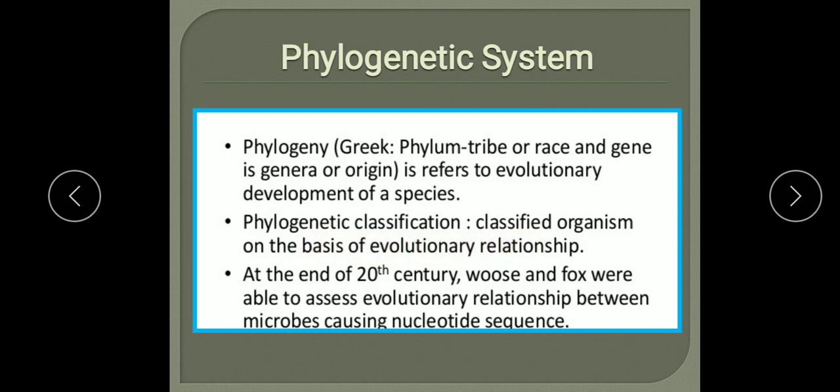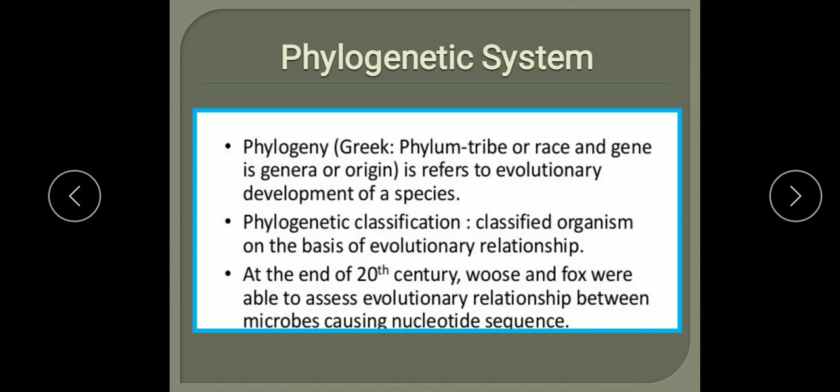In this system, emphasis is laid on certain pre-selected characters which are considered to be of phylogenetic importance, and the evolutionary relationship is represented with the help of a diagram that is known as the phylogenetic tree.